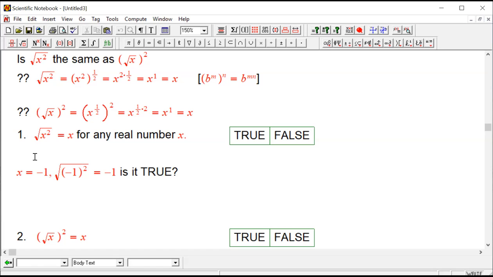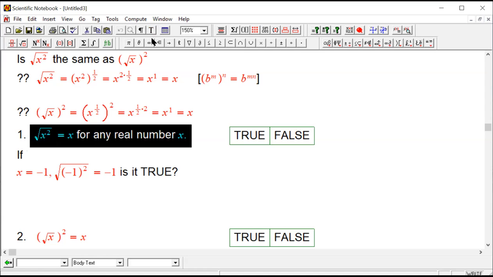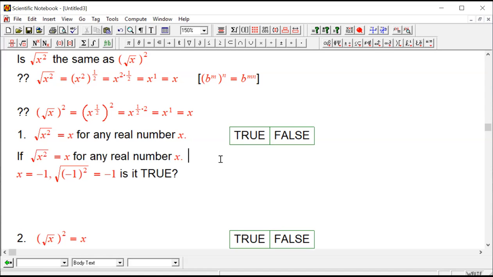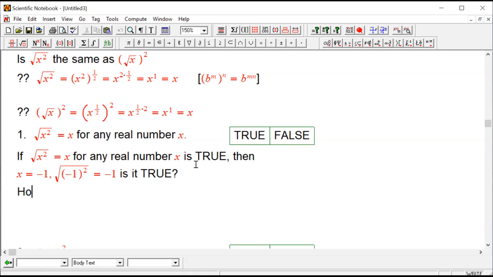So if this statement is true, then the following should be true, right? If true, always true. However, the left-hand side is equal to the square root of -1 times -1.